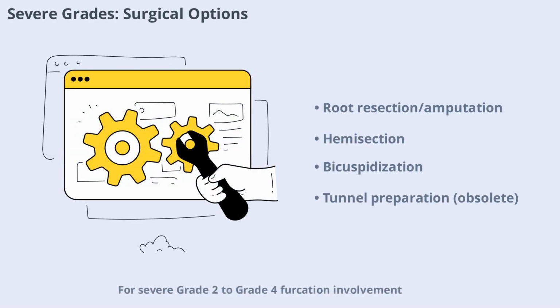For severe, Grade 2 to Grade 4 furcation involvement, surgical elimination of the furcation may be required. Root resection or amputation involves surgically removing the affected root, commonly performed in maxillary first molars. Hemisection, which removes the root along with the crown, is typically done in mandibular molars.